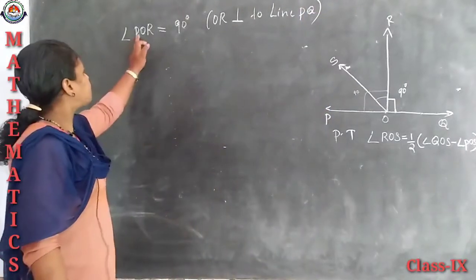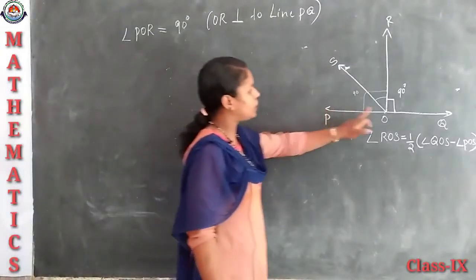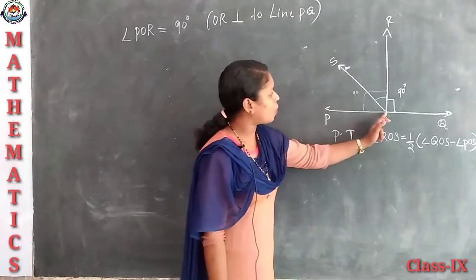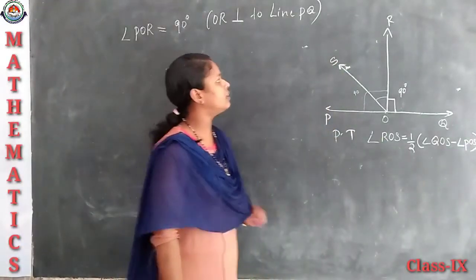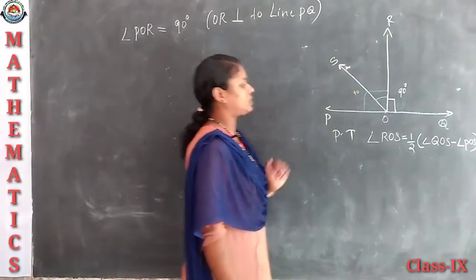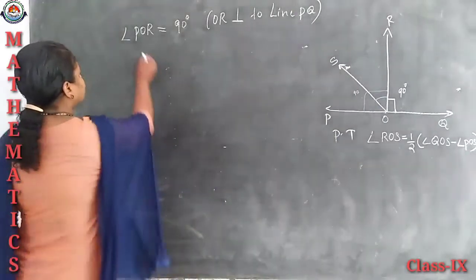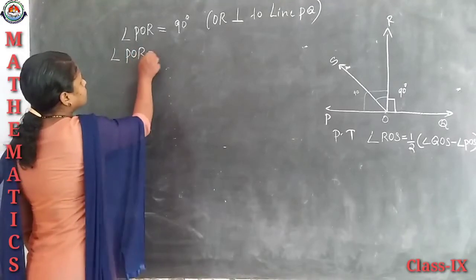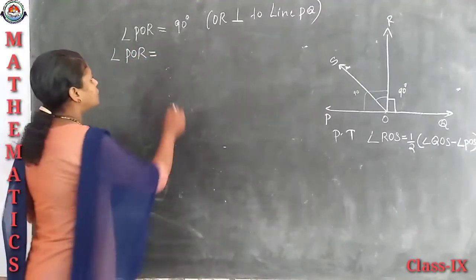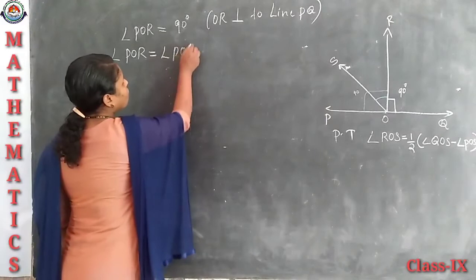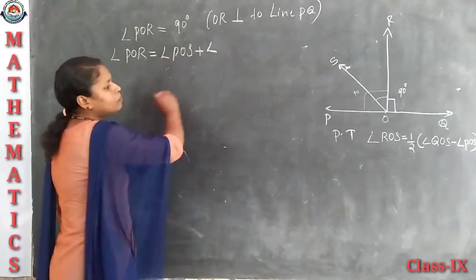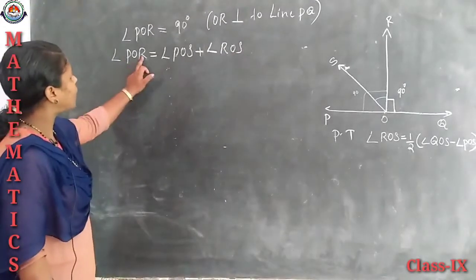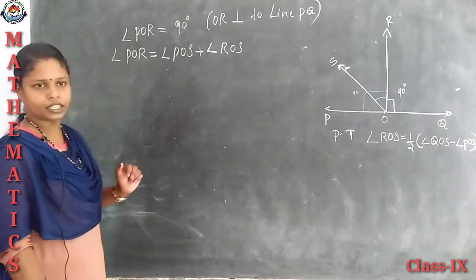And this angle POR equal to angle POS plus angle ROS, and this POR equal to 90 degree.